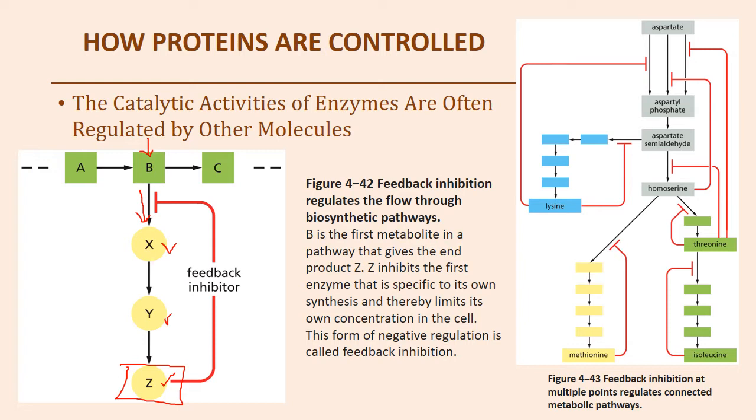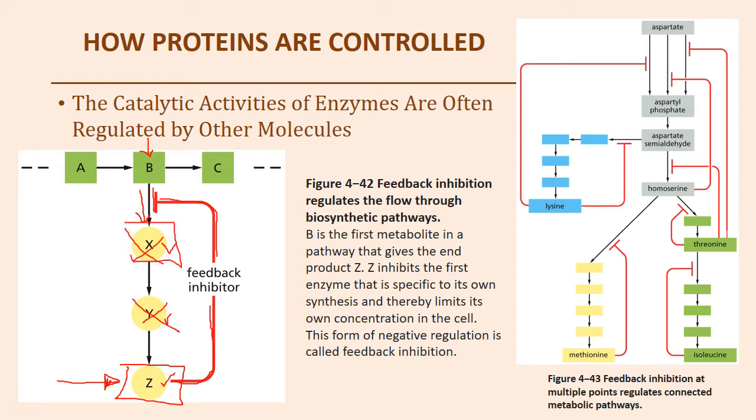And what we see happening here is as soon as the reaction produces the product that we're after, in this case Z, the product's presence will send off a signal that will inhibit the chain from occurring anymore. So in this case, it will send off a signal that will shut down X. And if X shuts down, then Y shuts down.